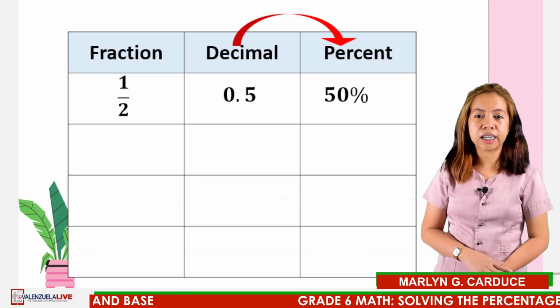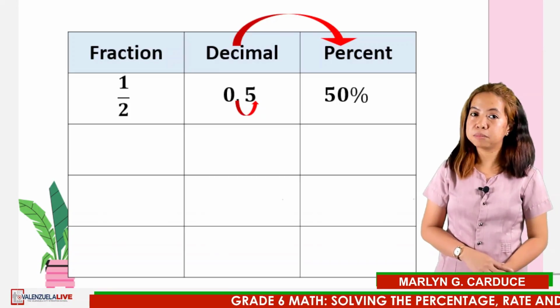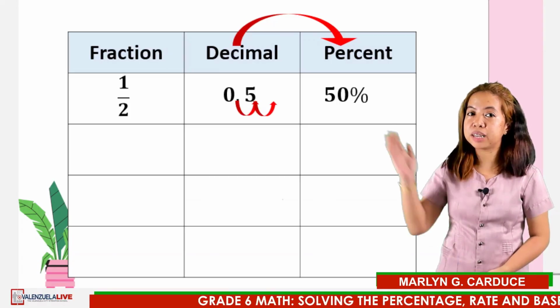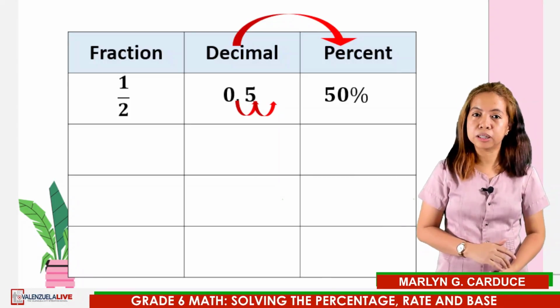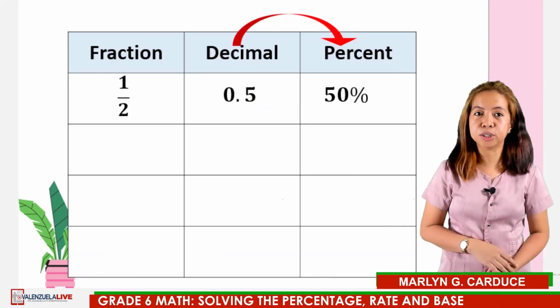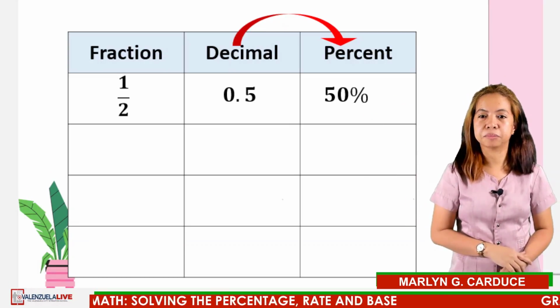In changing decimal to percent, you just have to move the decimal point 2 places from left to right and put the percent symbol after the number. And we can now get the 50%.